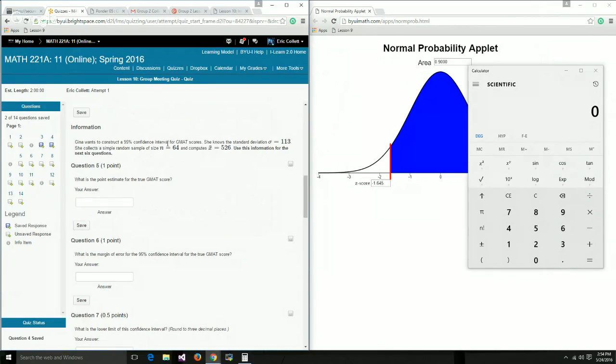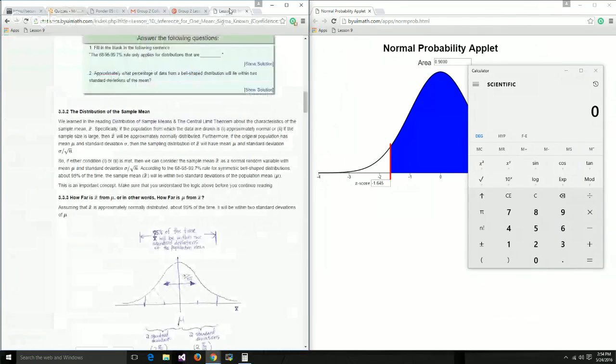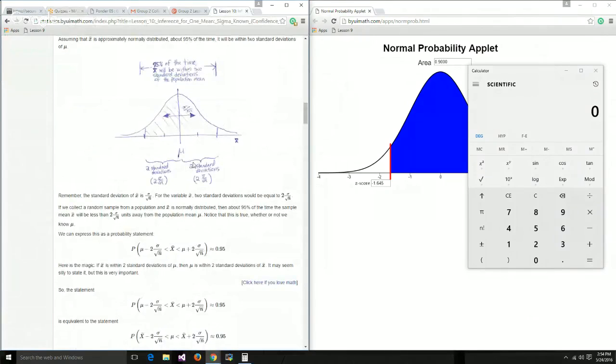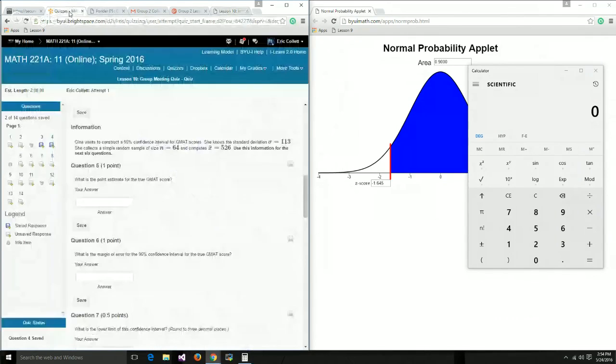Okay, so this next question is asking for a 95% confidence interval, which is 2 standard deviations, if I remember correctly. Pretty sure. Then she knows the standard deviation, collects a random sample, and computes this. What is the point estimate for the true GMAT score? Wait, isn't x bar the point estimator?